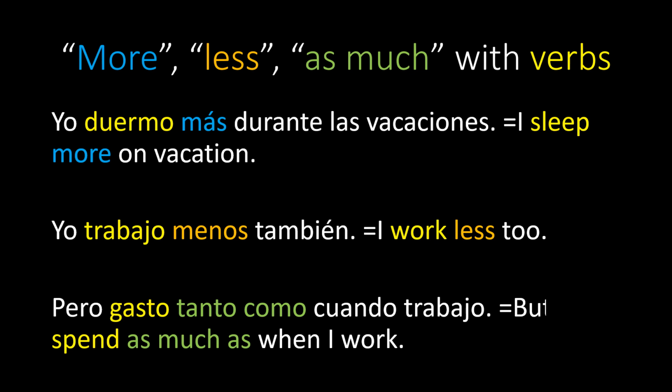In the second example, yo trabajo menos también. Notice that trabajo is the verb and menos tells me how much of it. So I work less. In the third example, pero gasto tanto como cuando trabajo. Gasto tanto como, I spend as much as. This one, you're saying that you spend the same amount as you do when you work.